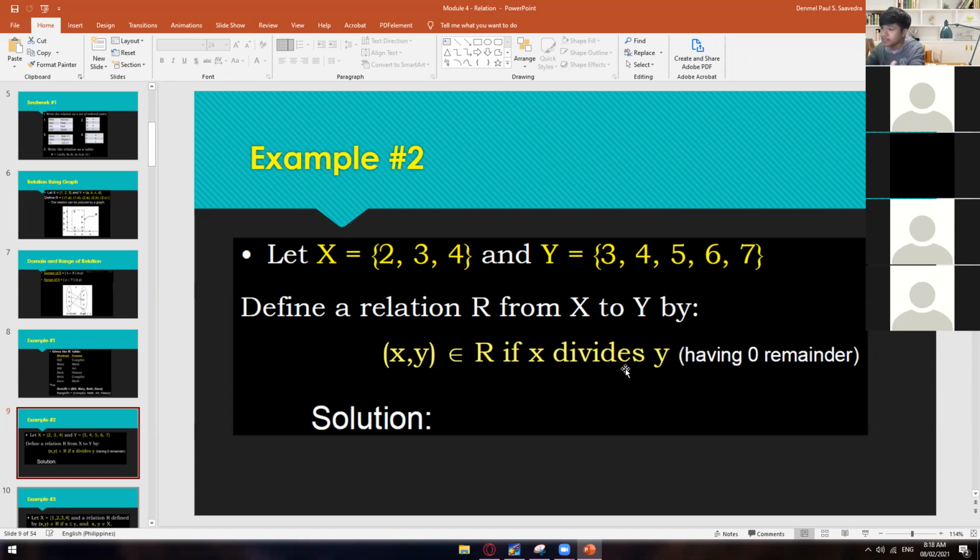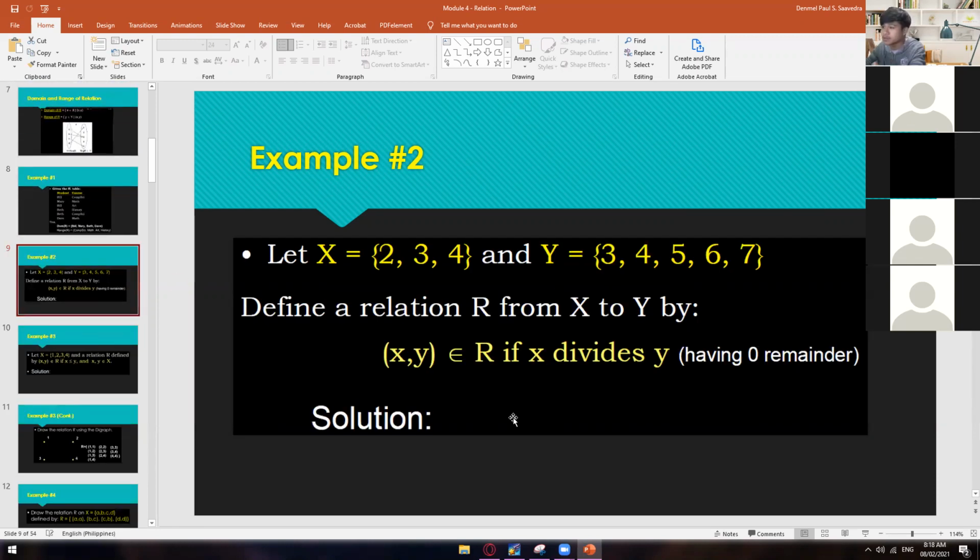Okay, so as you can see, there's no solution in here. So I would like you guys to analyze this one on how to come up with a certain relation using this condition, x divides y. So my only question is, is this x divided by y or y divided by x?